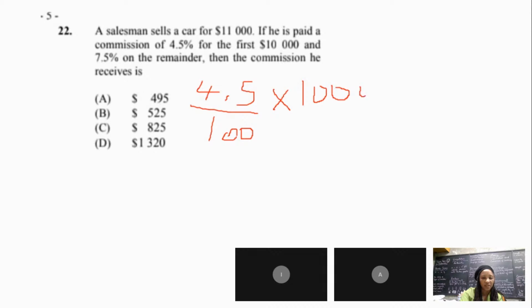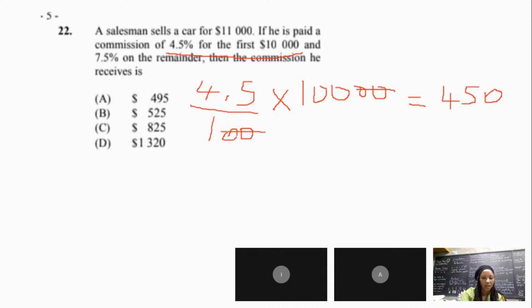Okay, so 4.5% of the 10,000. The first 10,000 is at 4.5%. So the zeros cancel and 4.5 times 100, miss, would give you $450.